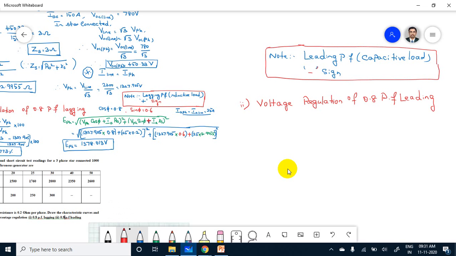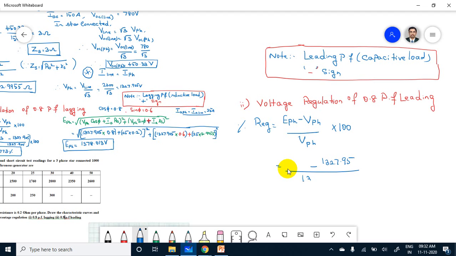Okay, so the same formula we have to use. Percentage regulation is equal to E phase minus V phase divided by V phase into 100. V phase we already have. V phase will be 1327.95.